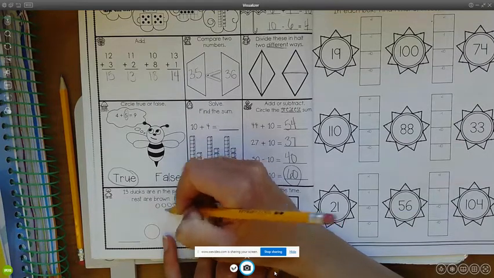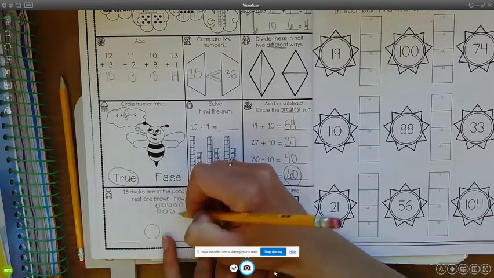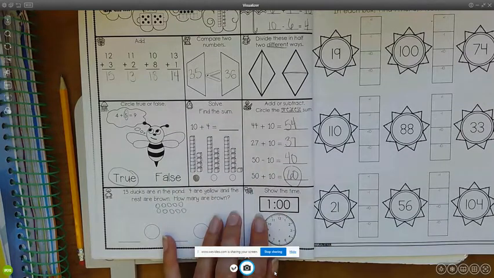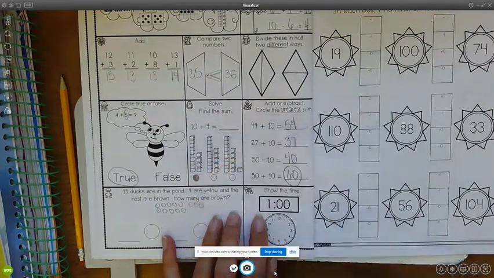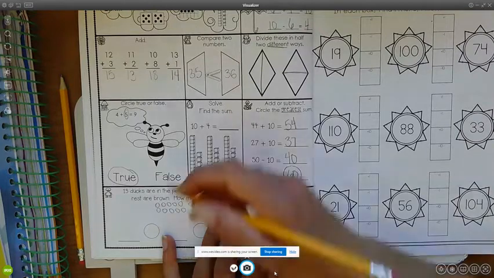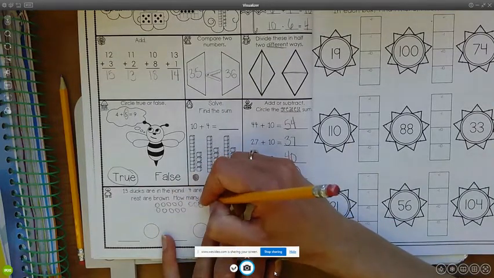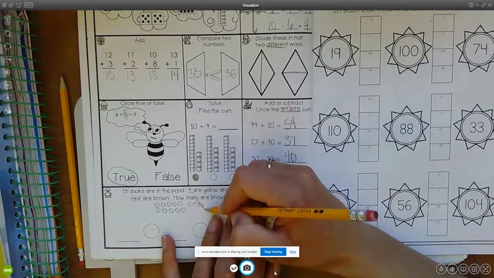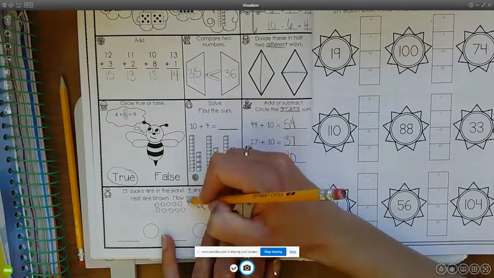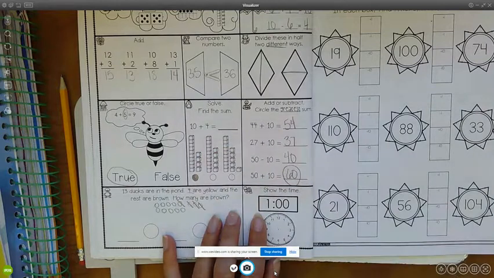I'm going to draw a nice 10 just because it helps Mrs. Martell keep track of it. There's 10, 11, 12, 13. There's my 13 ducks. 4 are yellow. So I'm just going to put an X through the ones that are yellow. 4. 1, 2, 3, 4.